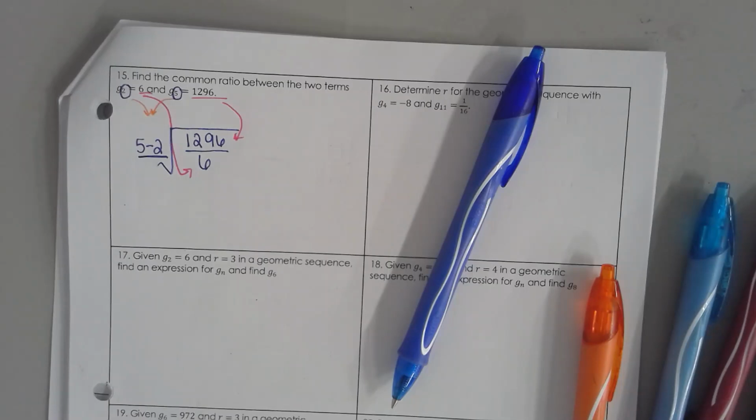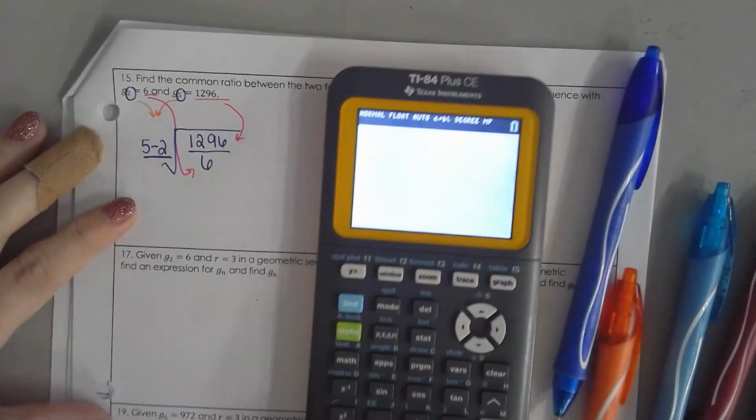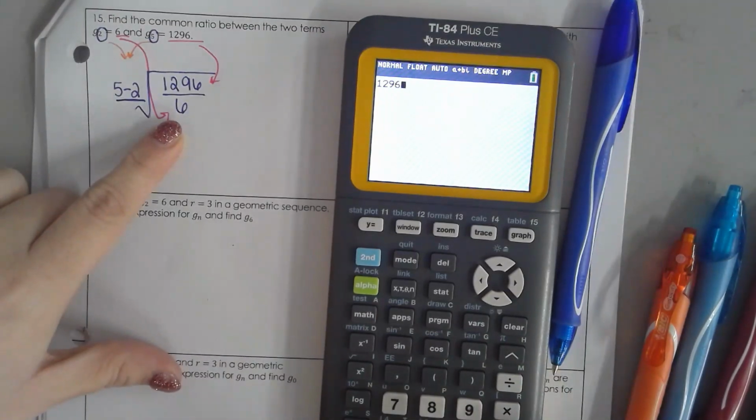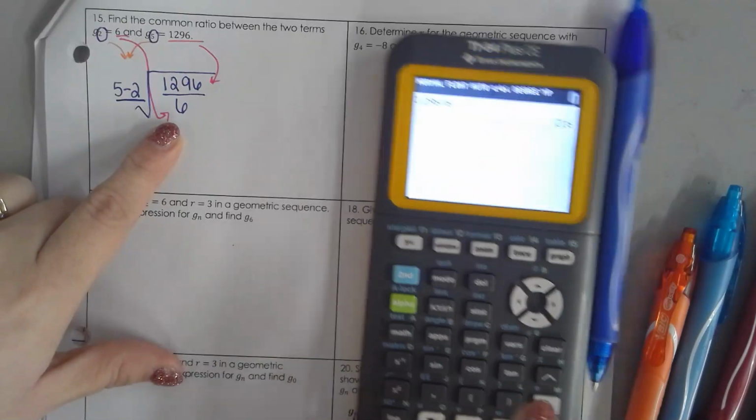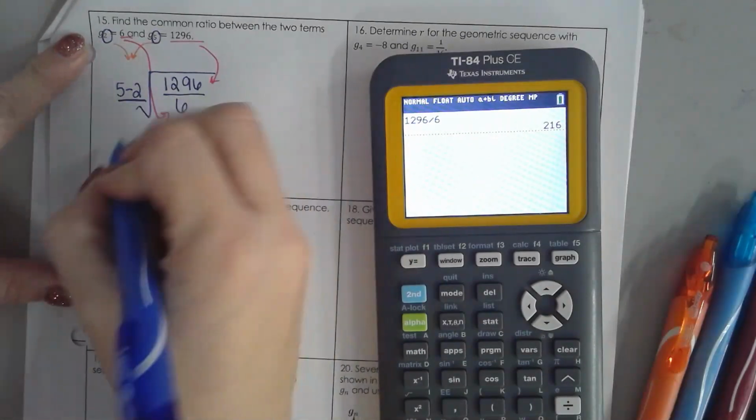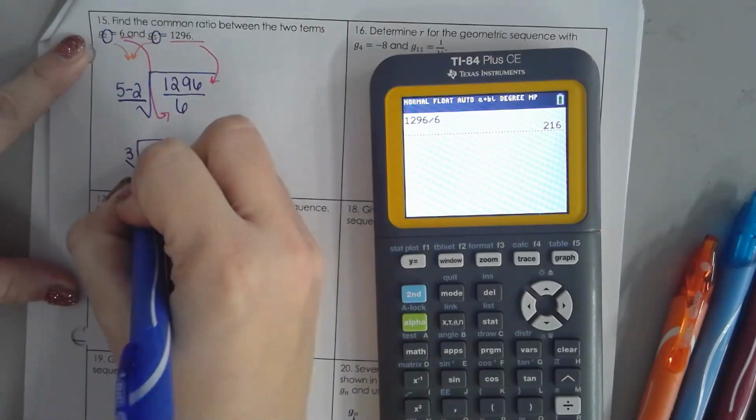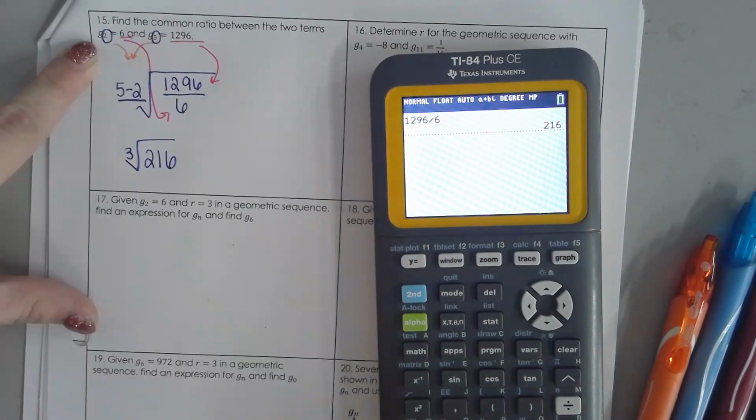But for bigger ones like 1296, you need a calculator. Okay, so 1296 divided by 6 is 216. So this is really the cubed root of 216.